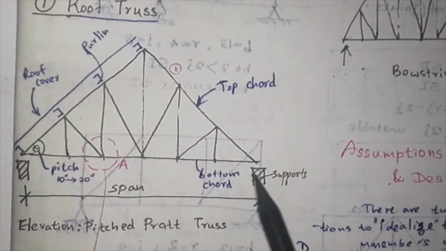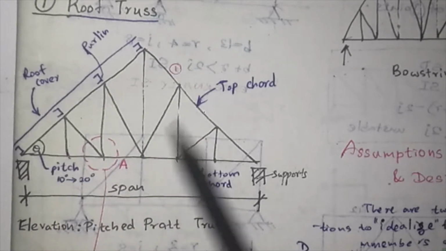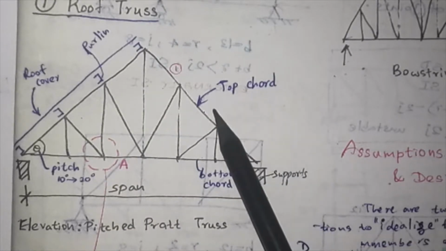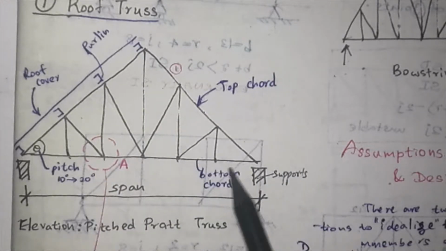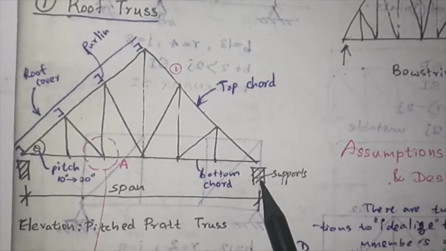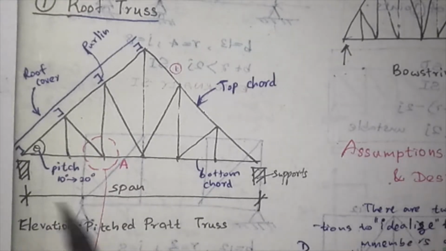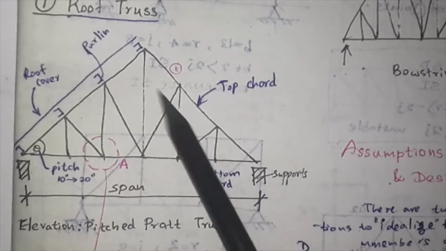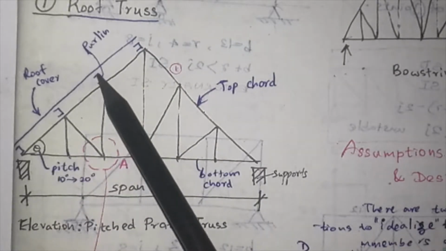The truss is made by elements which I said earlier, and this top one is called the top chord and the bottom one is called the bottom chord, and these are supports, and this entire distance is called the span.